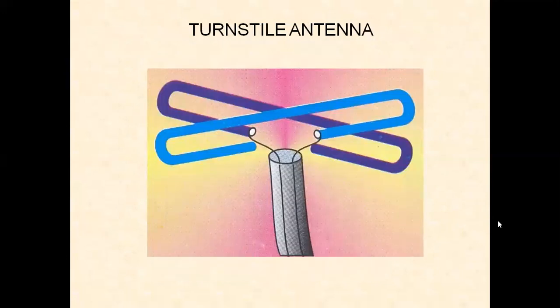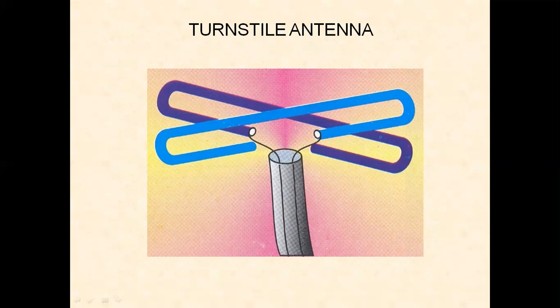Now let us take the turnstile antenna design. As we have seen, it consists of two dipole antennas. This is one dipole antenna. This is the second dipole antenna. They are placed perpendicular to each other. The turnstile antenna is a combination of two dipoles designed to give an omnidirectional radiation pattern in the horizontal plane with horizontal polarization.